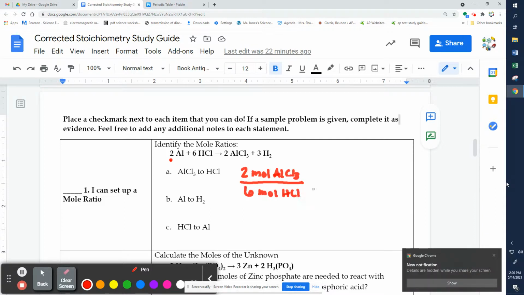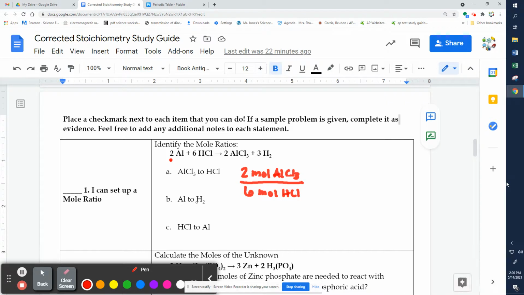All right. For our second one, we have aluminum to H2. Again, there's a 2 right here in front of our aluminum. So we have 2 moles of aluminum. And then on our bottom, we're going to H2, which is a 3. 3 moles of H2. Our last one is HCl to Al.